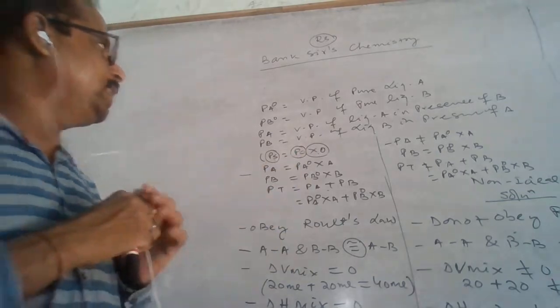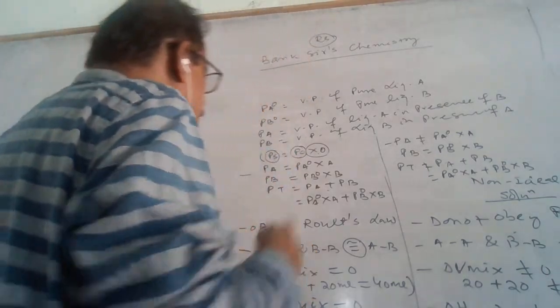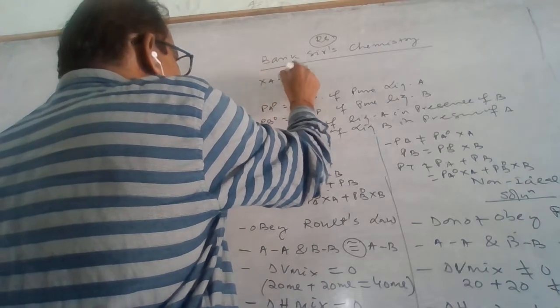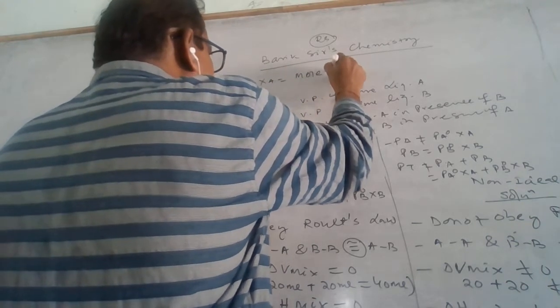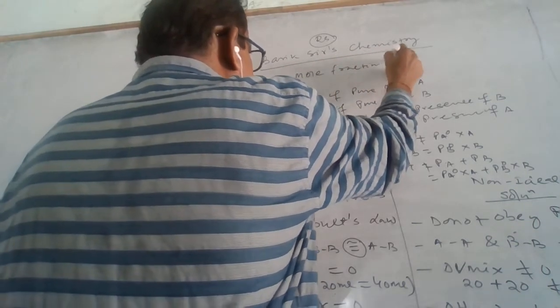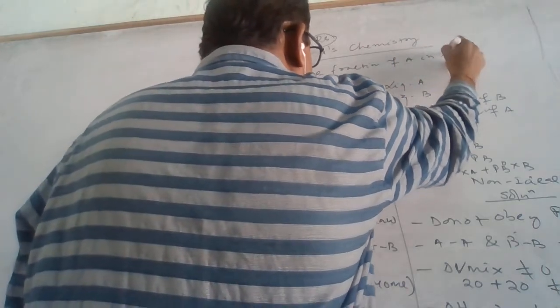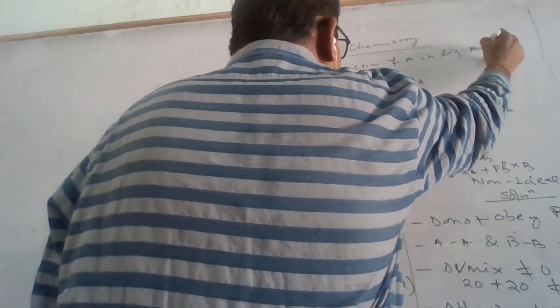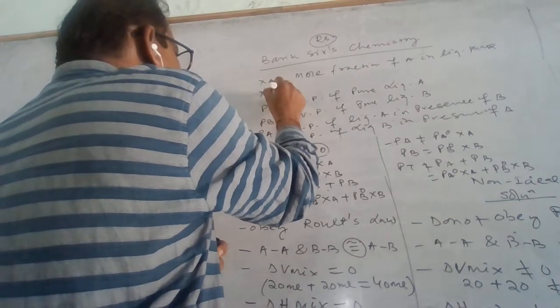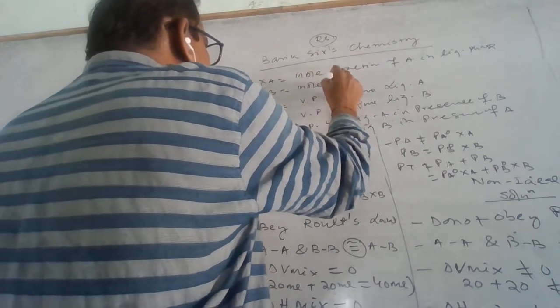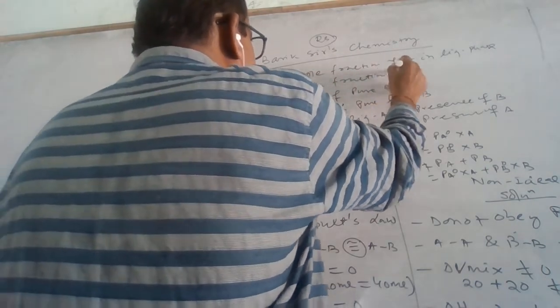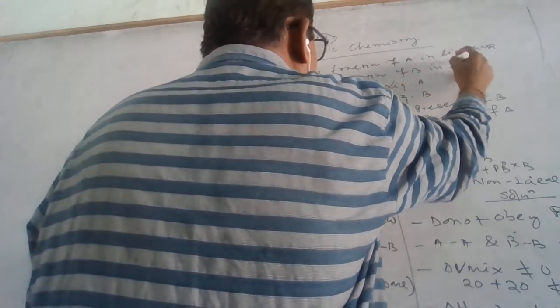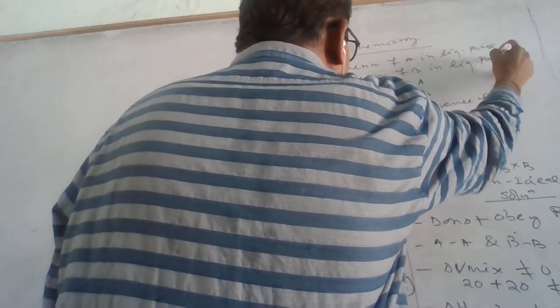XA is the mole fraction of A in liquid phase, and XB is the mole fraction of B in liquid phase.